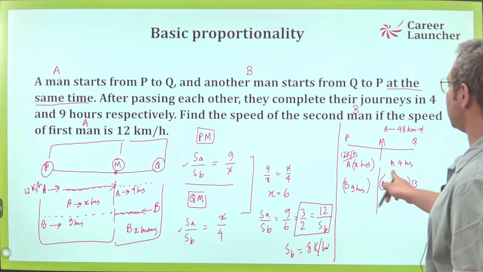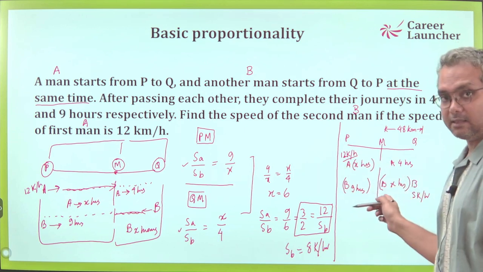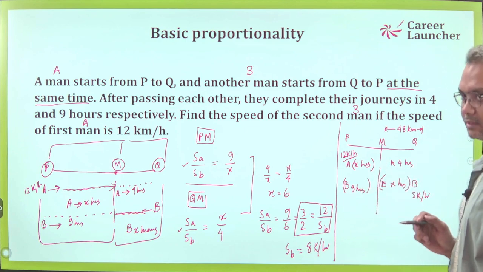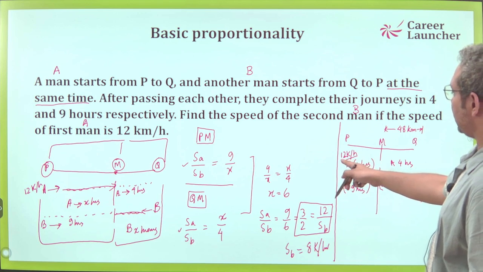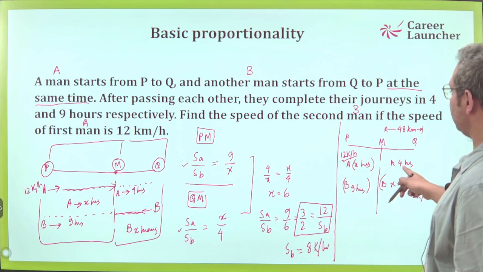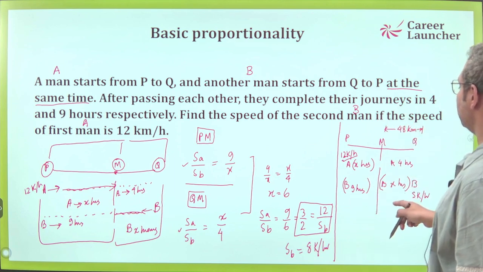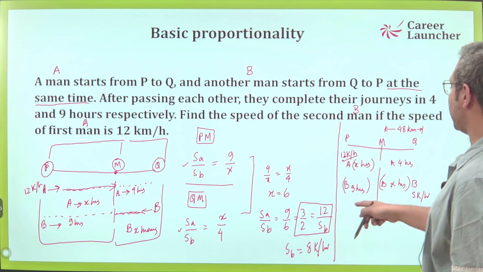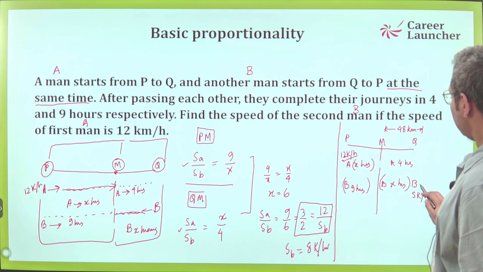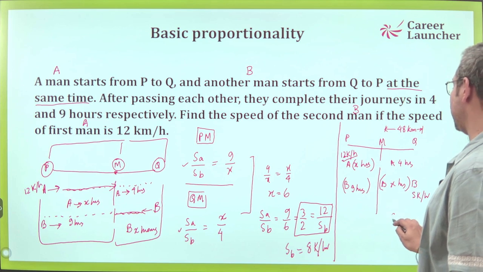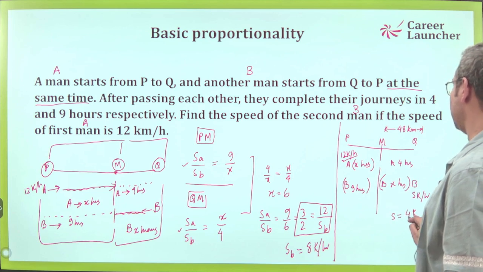A has taken X hours, B has taken X hours, that's how they met, and after crossing B has taken 9 hours, A has taken 4 hours. Now here, since we knew A's speed is 12 kilometers per hour, we figured out that this must have been 48 kilometers. Now what we have to do is figure out about this side. So B at a speed of S kilometers per hour covered 48 kilometers in X hours. So that means S must have been 48 divided by X.